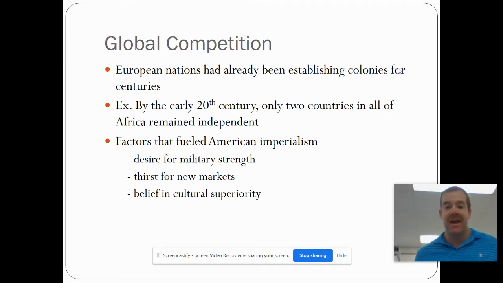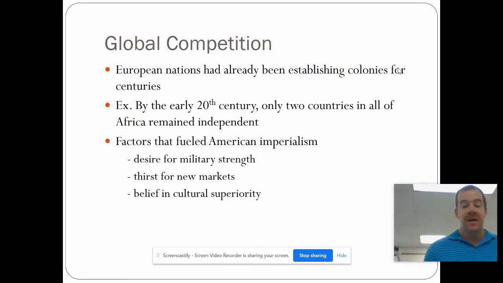Here are factors that fueled American imperialism. First, desire for military strength, to grow its military, grow its navy. Second, new markets to sell American products in. So if we go overseas and expand, maybe colonize Hawaii, get influence in Cuba and Puerto Rico, we can sell our products to those people.